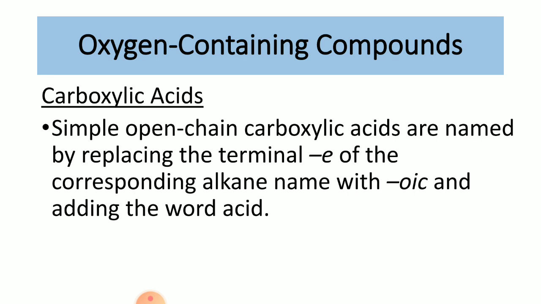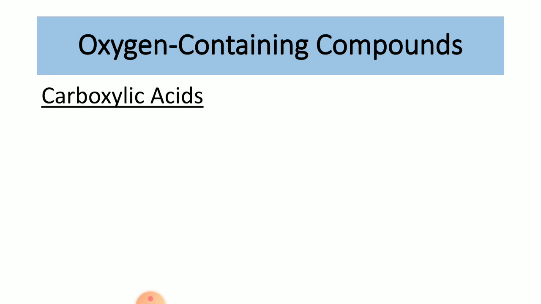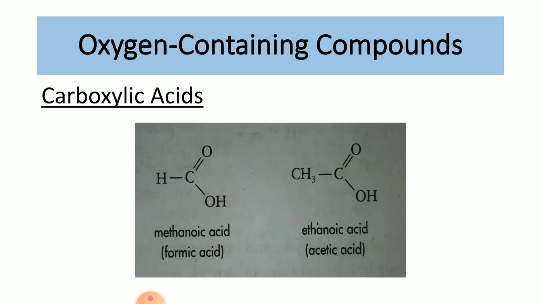Simple open-chain carboxylic acids are named by replacing the terminal E of the corresponding alkane name with OIC and adding the word acid. For example, we have methanoic acid and ethanoic acid, which are derivatives of the alkanes methane and ethane respectively.